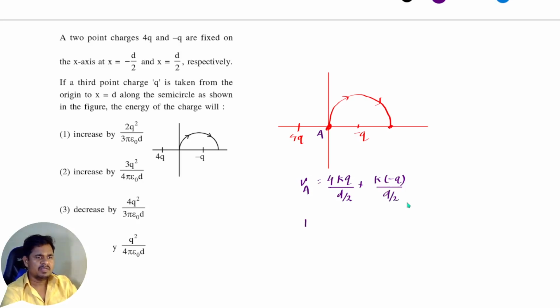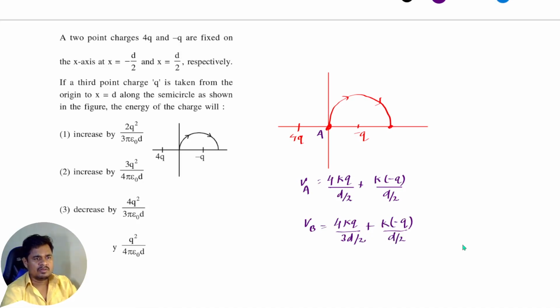And potential at B: due to 4q it will be, this is d plus d by 2, that is 3d by 2, so 4kq divided by 3d by 2, plus the potential due to the negative charge, k times minus q by d by 2.